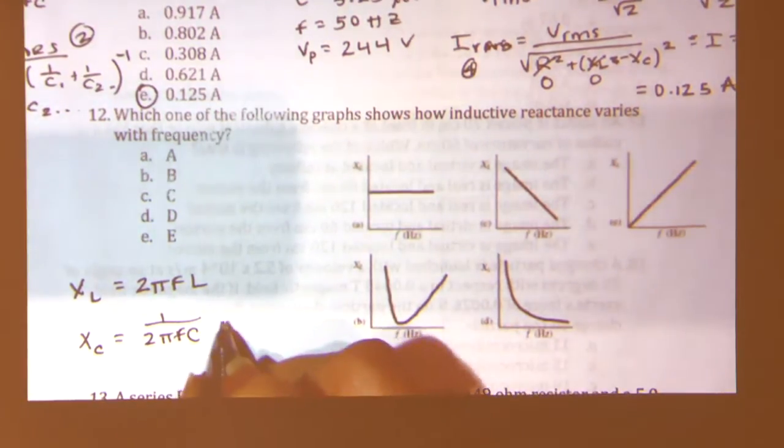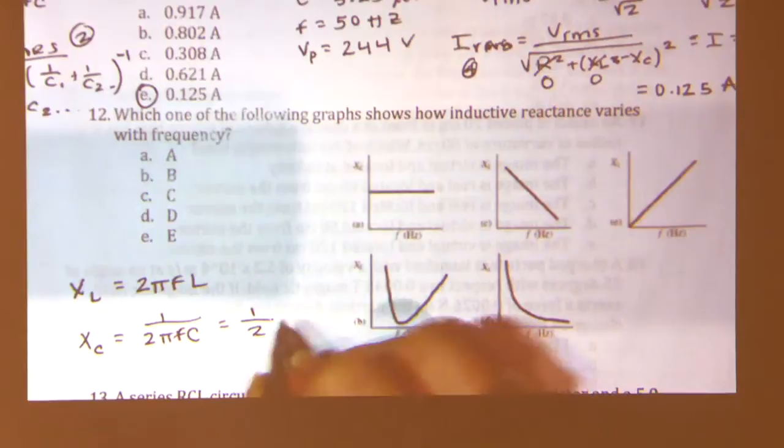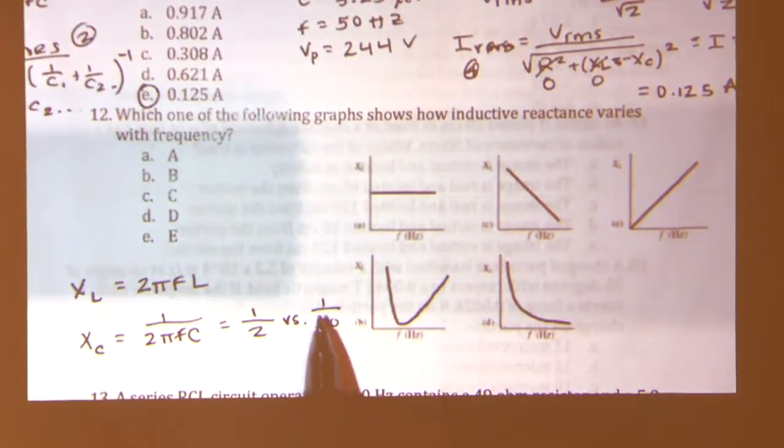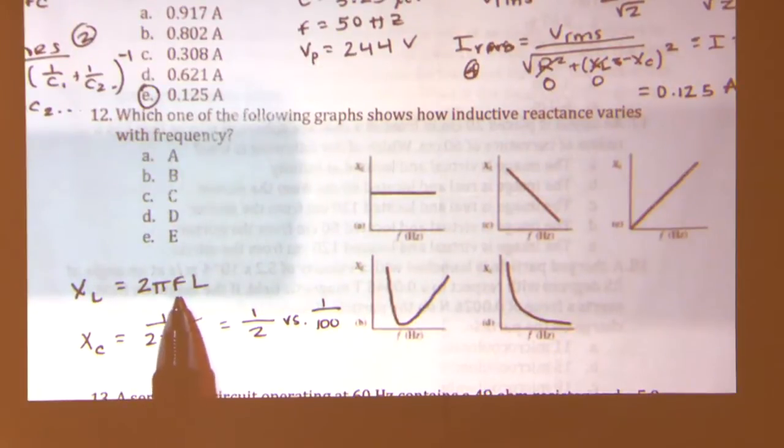If we do 1 over 2 versus 1 over 100, 1 over 100 is a smaller number than 1 over 2. So XL and F will be directly proportional, XC and F will be inversely proportional.